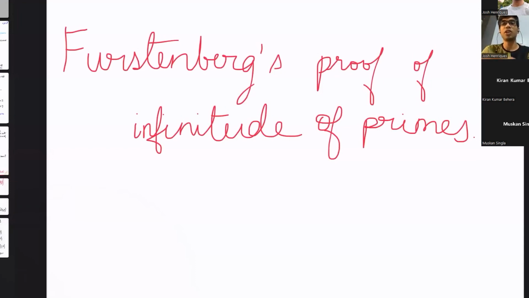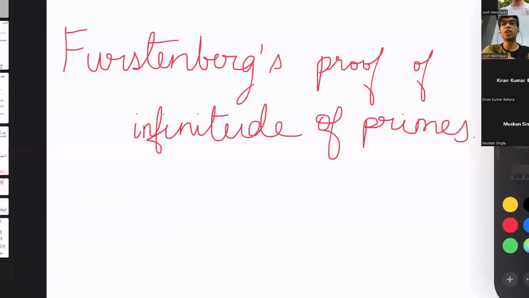So my topic for today is Furstenberg's proof for infinitude of primes. As we all know, a prime number is one which has no divisor other than 1 or itself, and it is proved that there are infinitely many primes. The proof that most of us are familiar with is Euclid's proof for infinitude of primes.